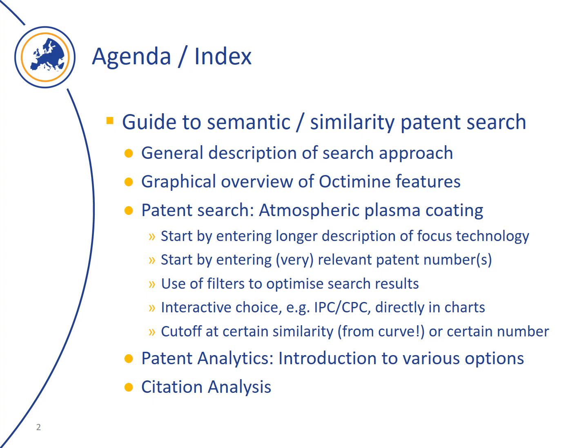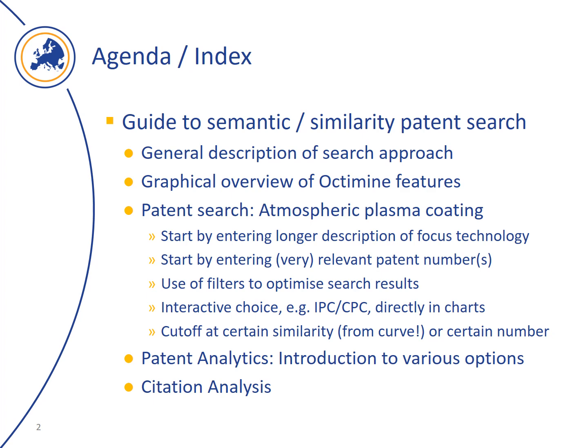So we have a lot of options here which can be done to interpret the results, and one very interesting feature and starting point is also the citation analysis which is possible.